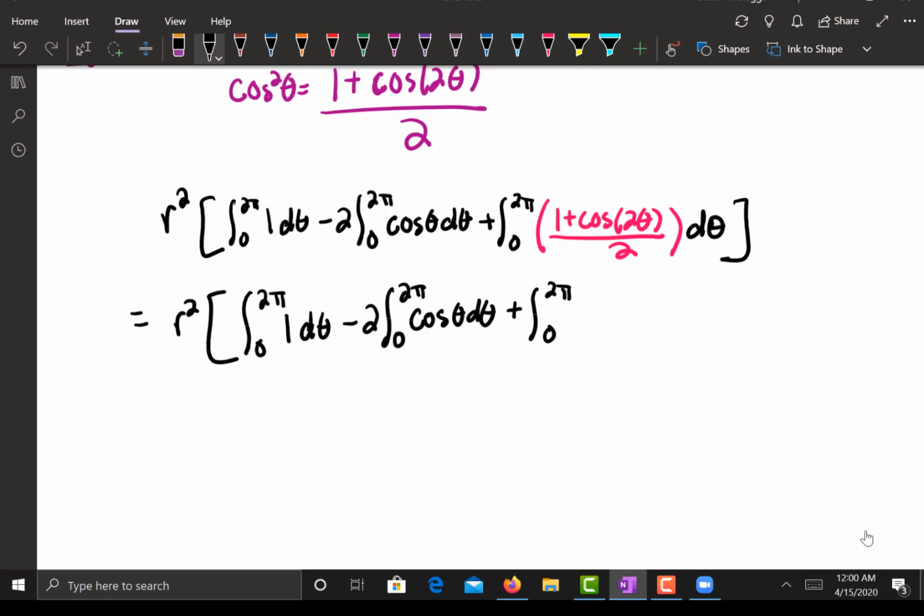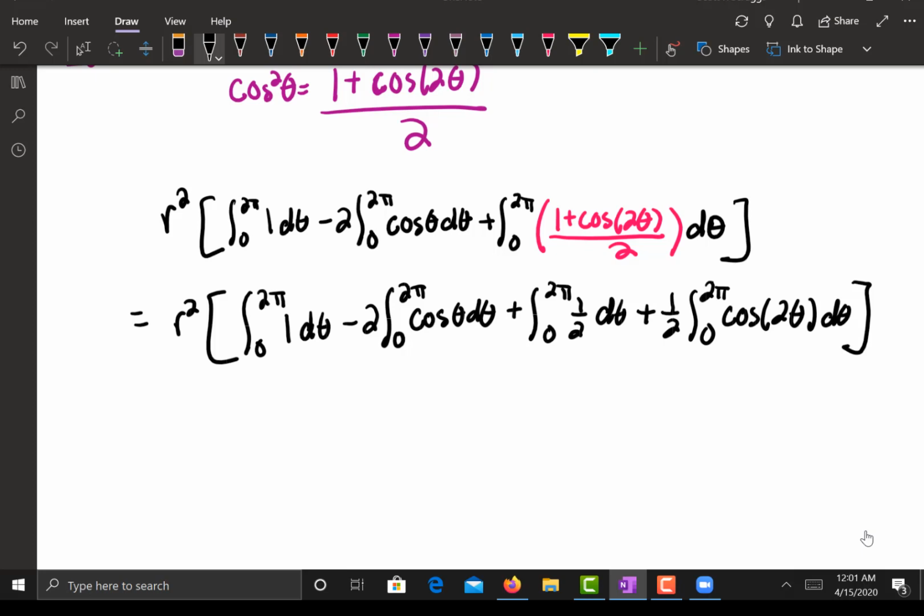I'm now going to split this integral up: 1/2 d theta plus 1/2 times the integral from 0 to 2 pi of cosine of 2 theta d theta. And now all four of these integrals are going to be very quick to calculate.